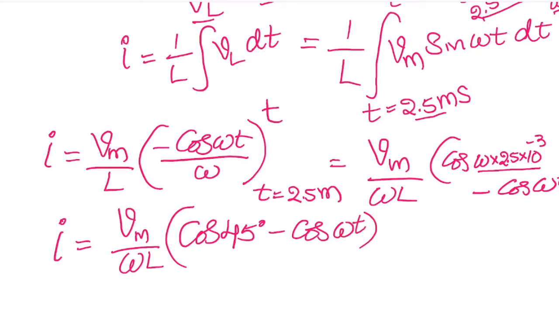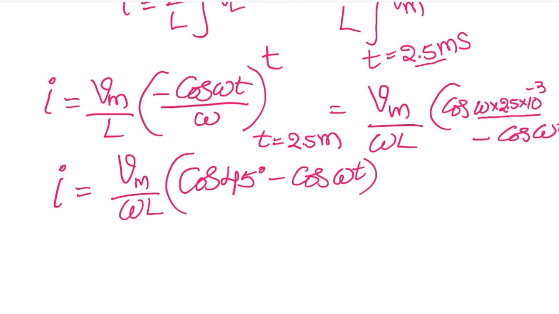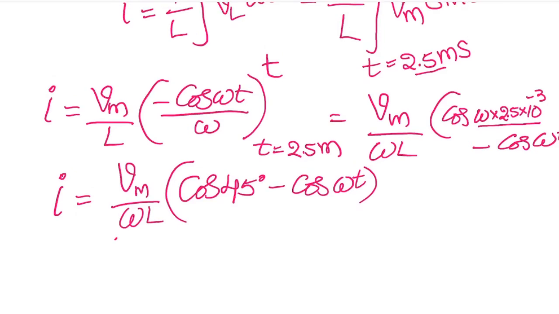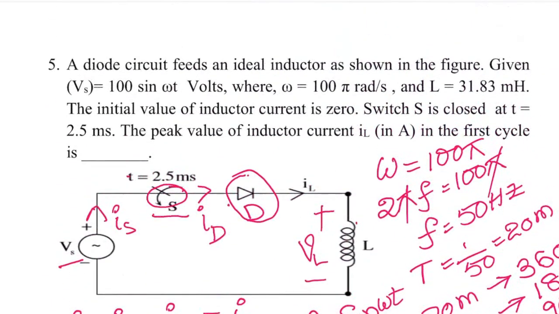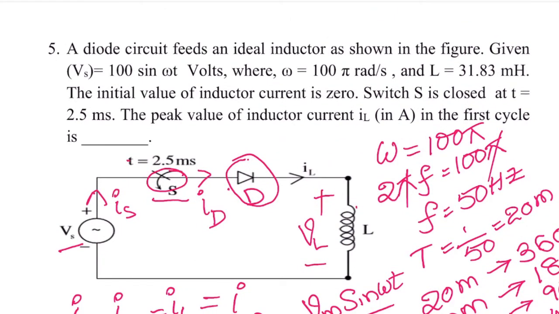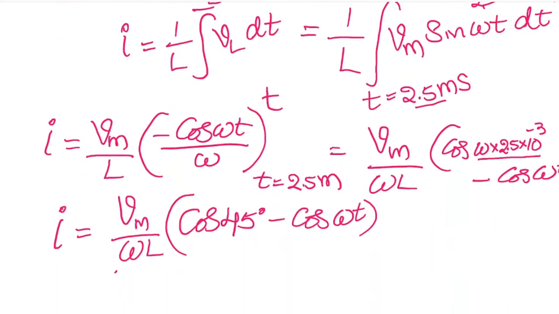Now, if you look at it very carefully, the current I is equal to Vm by omega L into cos 45 minus cos omega t. In the question, they have asked for the peak value of the inductor current in the first cycle.